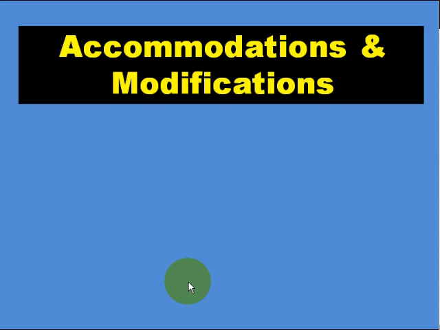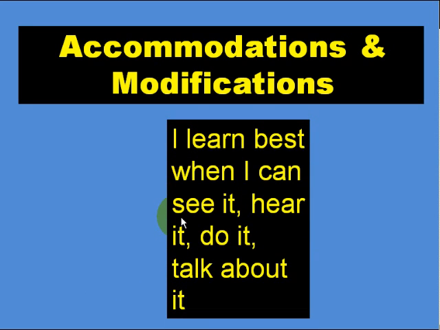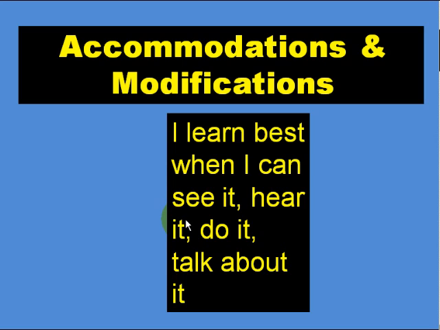Accommodations and modifications is simply a way to answer this question. Every single person learns in a different way. And as you'll notice here on the screen, the main question is, I learn best when I can either see it, when I can hear it, when I can do it, or when I can talk about it. And there are other ways too, but those are the main ways.